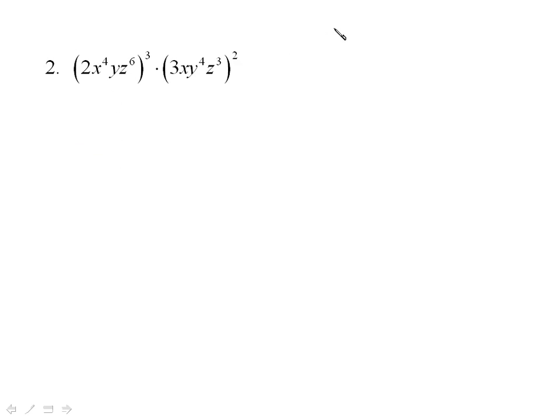Second one, here we must clear the brackets. So that 3 needs to go through each of the bases within the bracket. So it's 2 to the 3, then it's x to the 4 times 3 is 12, so the power rule again.